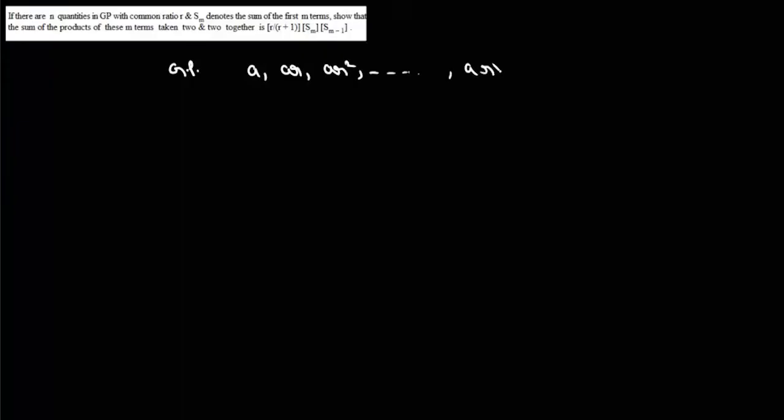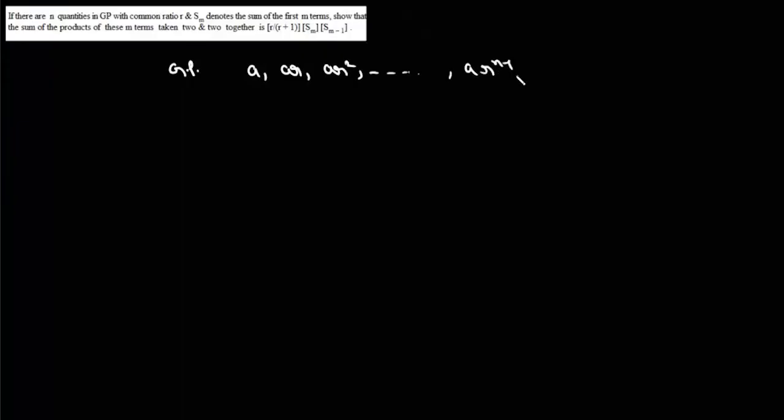Now it says, if there are n quantities in GP with common ratio r, so we have this GP, suppose a, ar, ar square, up to ar to the power n minus 1.